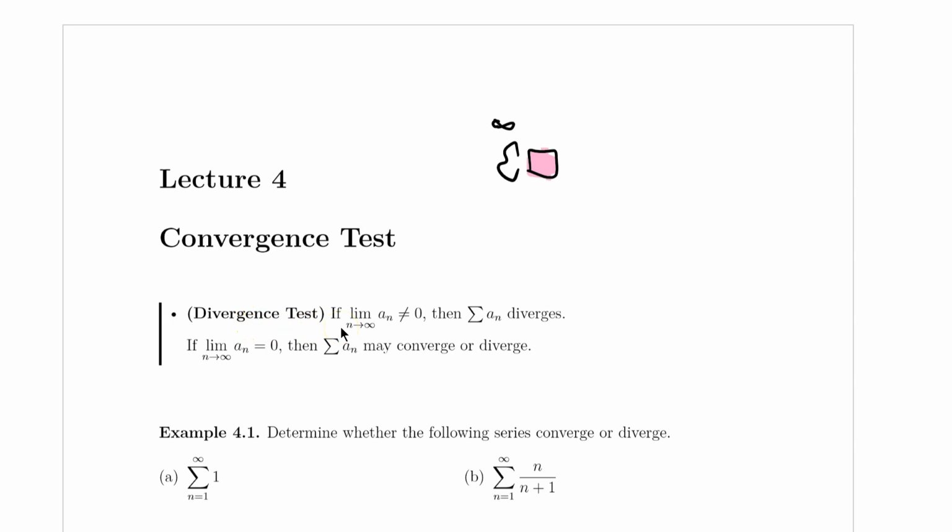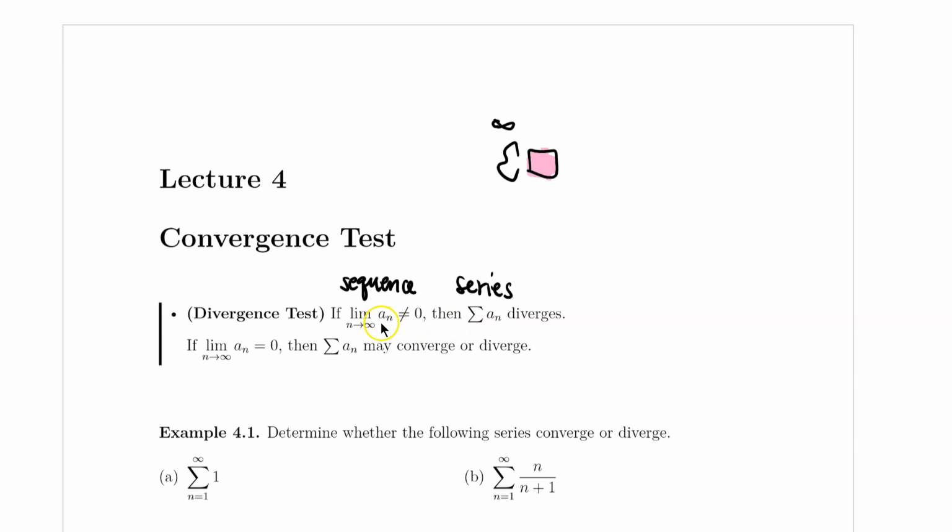Now the divergence test: if we want to find whether this series converges or diverges, we take a step back and we look at the sequence instead. If the limit of the sequence a sub n does not equal 0, then I can conclude for sure that the sum of a sub n, the series, is going to diverge.